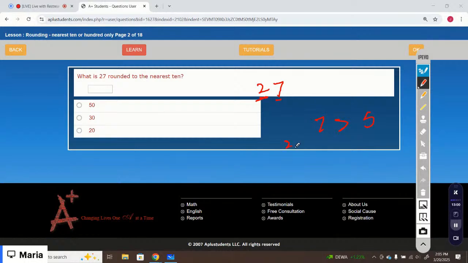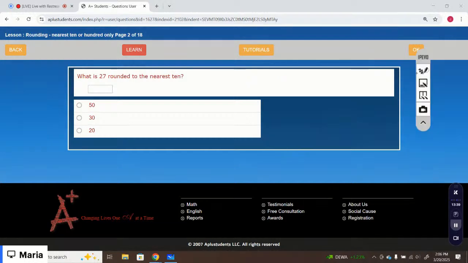You have to add 1 to the tens digit and replace the ones digit with 0. So 27 is rounded off to 30. Option number 2 is the correct option.